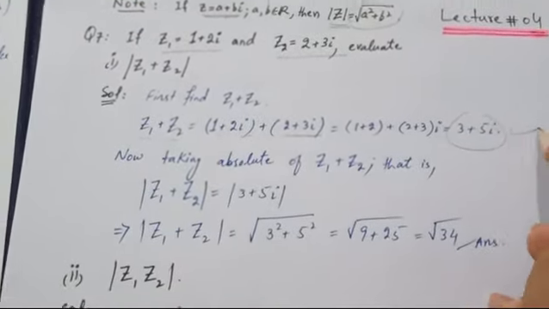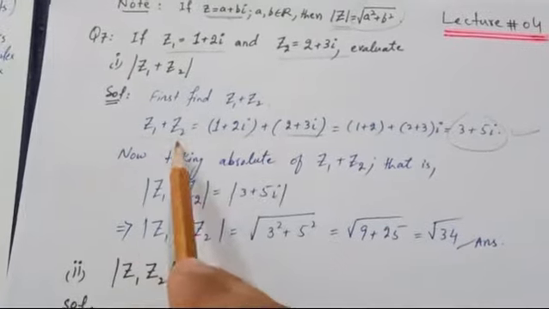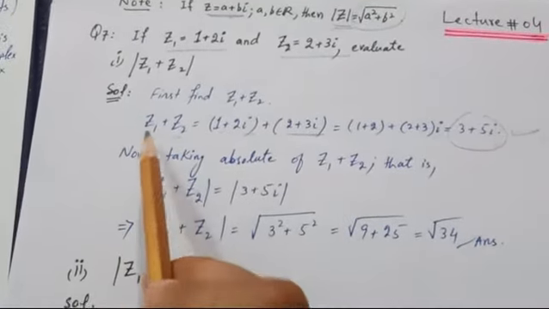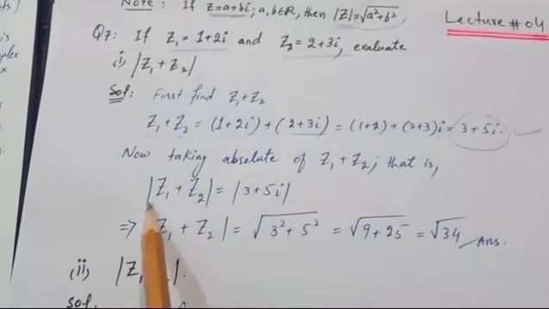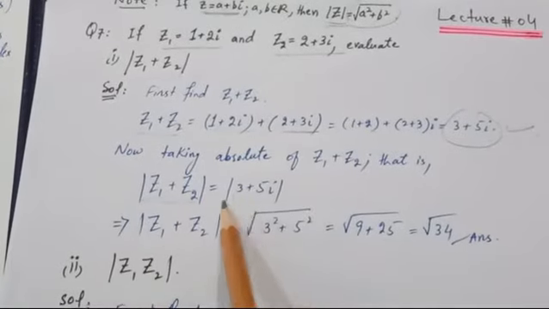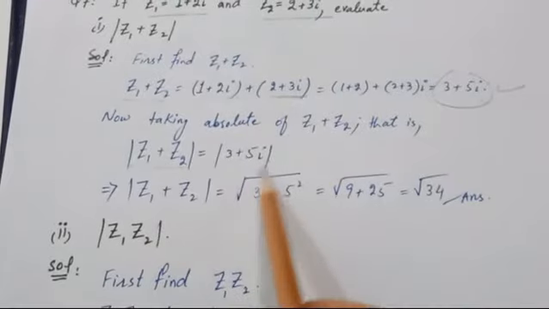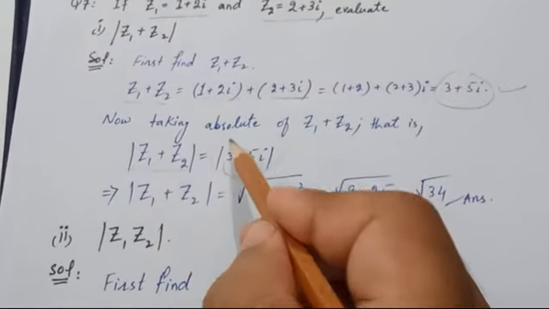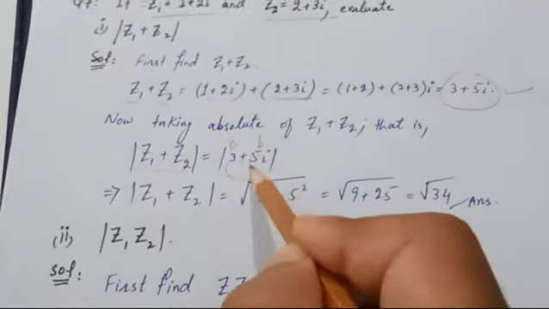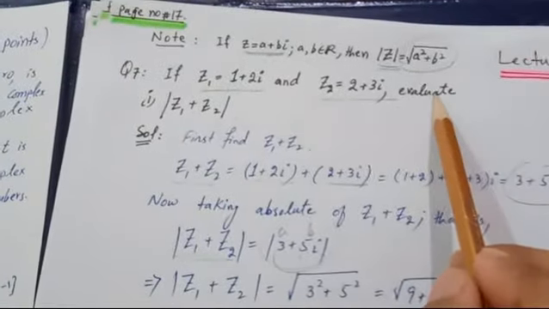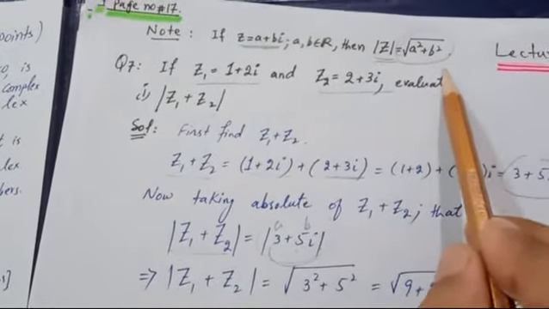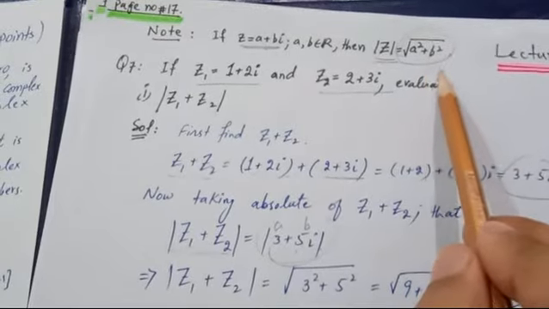Now take the absolute on both sides. So Z1 plus Z2 is equal to 3 plus 5 iota, taking absolute on both sides. So the absolute of Z1 plus Z2 is equal to the absolute of 3 plus 5 iota. Now this is actually a and this is actually b. From the definition we know that the absolute is the positive principal square root of a square plus b square.